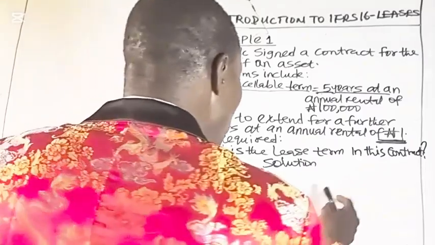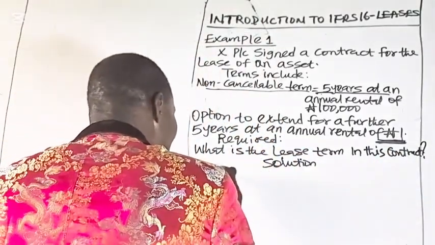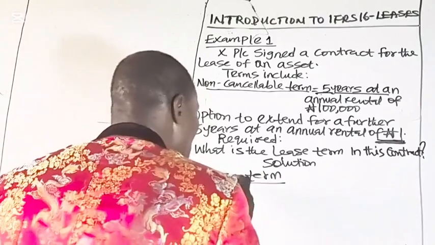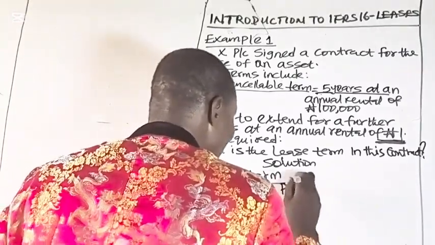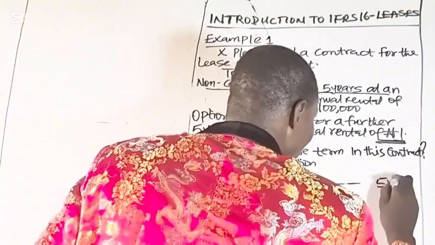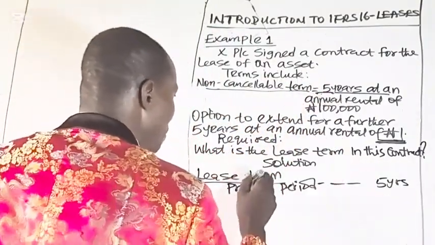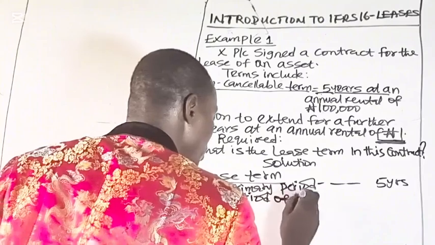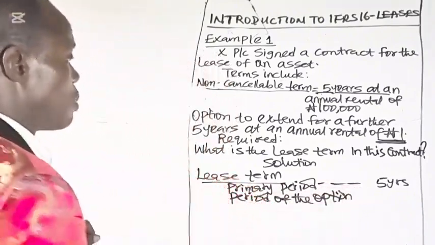Since the option may be exercised, the lease term will now comprise the primary period, that is the non-cancelable period, which is 5 years, plus the period of the option, since the option will be exercised.